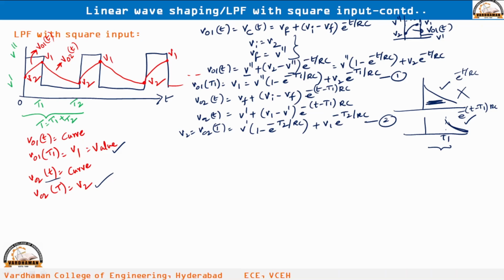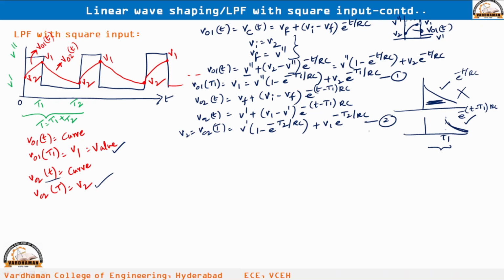Equation 1 represents the V1 value, the voltage level of the output. Next, equation 2 represents the V2 value, that is also a voltage level of the output. Now, in these equations, do not look at all these exponential values, V dash, V double dash, e power minus T1 by RC, e power minus T2 by RC. These are just two equations with two unknown values, V1 and V2.